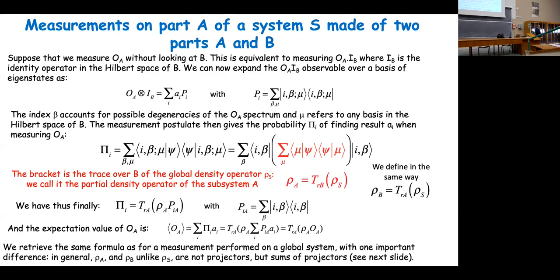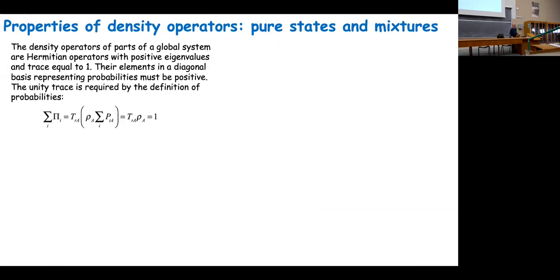We will see that the density operator rho A has several eigenvalues, not only one, different from 0. And this is something that I want to discuss, the physical interpretation of.